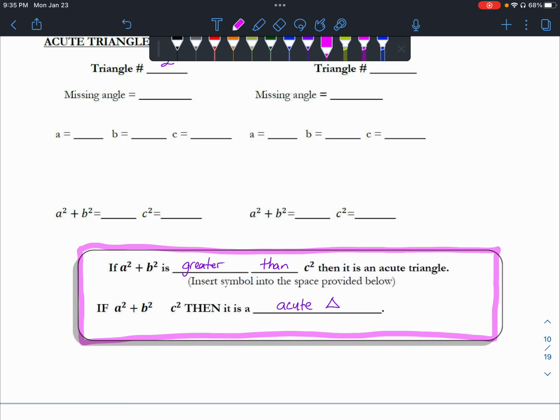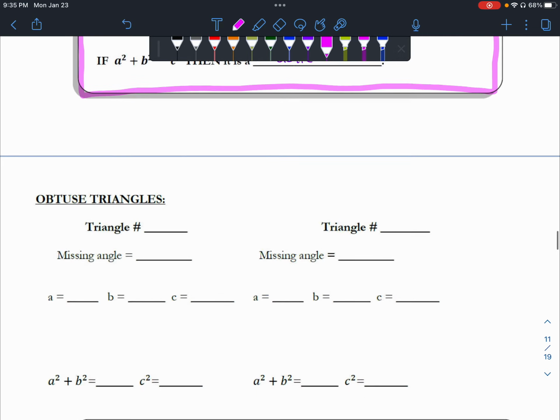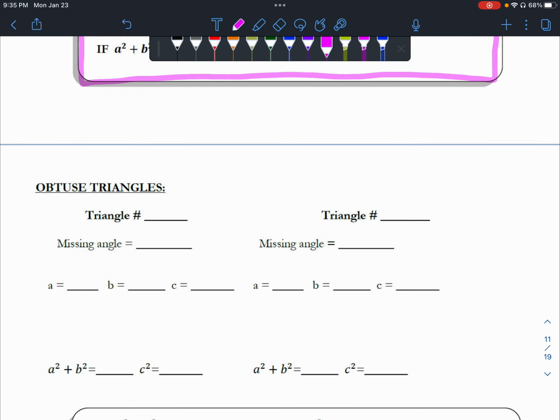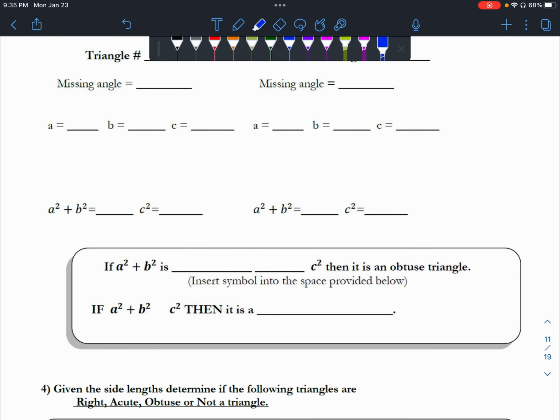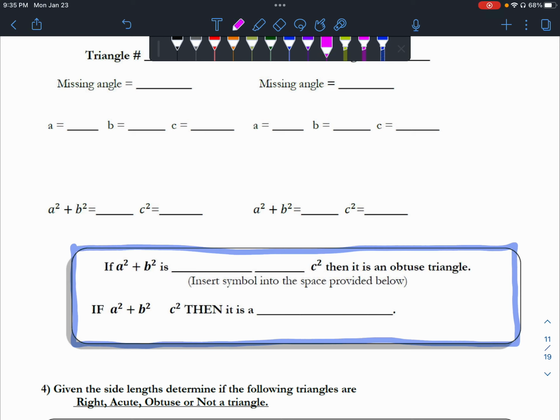The final piece of information we learned was about obtuse triangles, which we had calculated. We had the first triangle, triangle number 1, which leads us to the third major piece of information from today's notes: if my a squared value and my b squared value added together are less than the c squared value, we know we have ourselves an obtuse triangle.